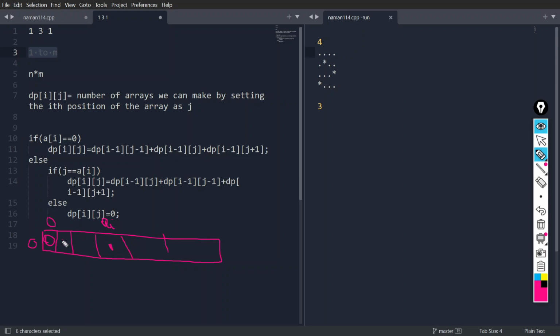Everyone else should be zero only, because that is understandable. If a[0] is fixed, then I should just mark it as one and there's no other possibility, so I will mark all others as zero. But if it is zero, if our first element is zero, then what should we do? That should be obvious by now.